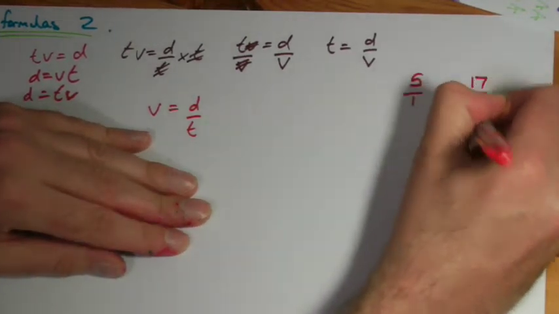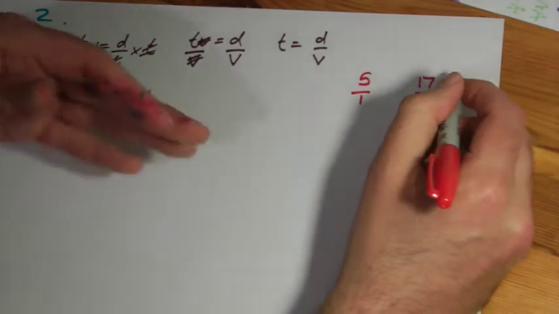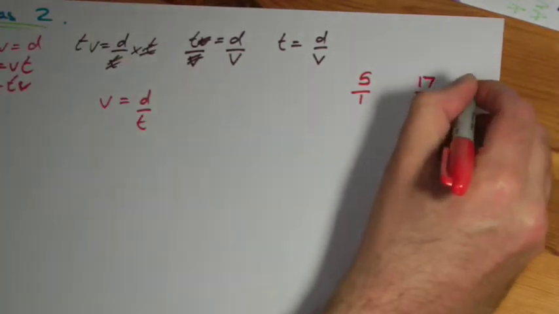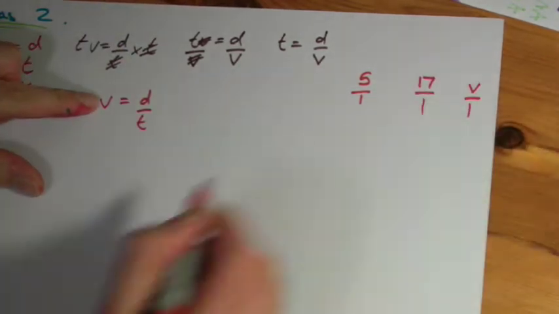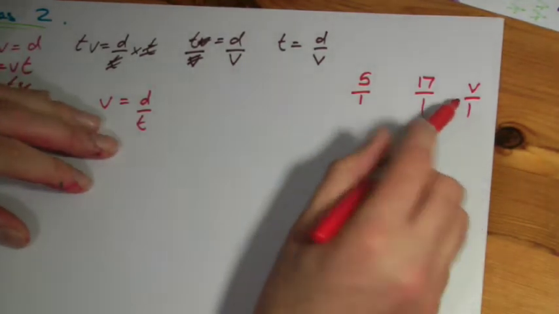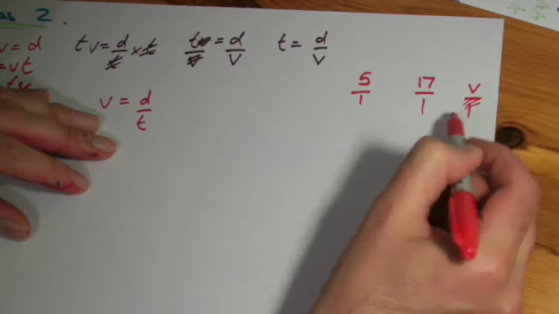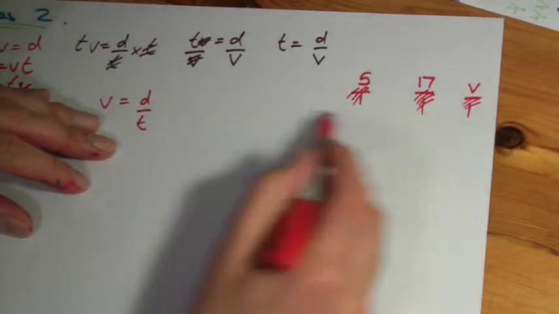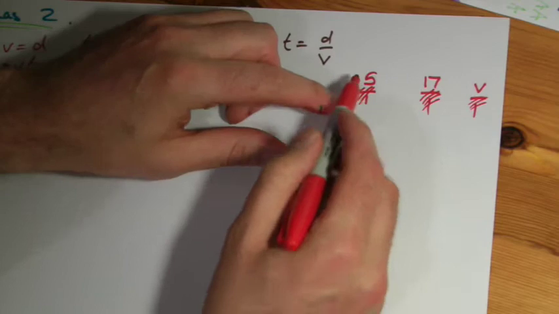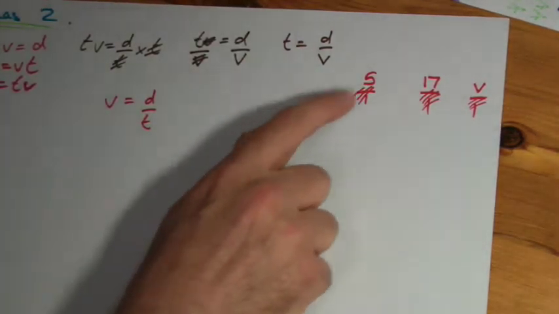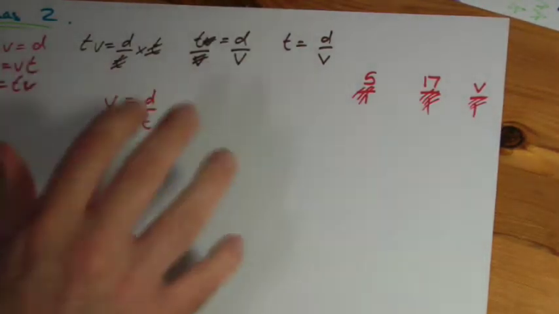The number 17 can be written as 17 over 1. And algebraically, I could write velocity as velocity over 1. So remember one of our rules, we said when multiplying or dividing by 1, you can just ignore the 1. Which is what we normally do, of course, isn't it? We don't usually write the number 5 as 5 over 1, we just write it as 5. But we could do that, it's just that we're ignoring it.